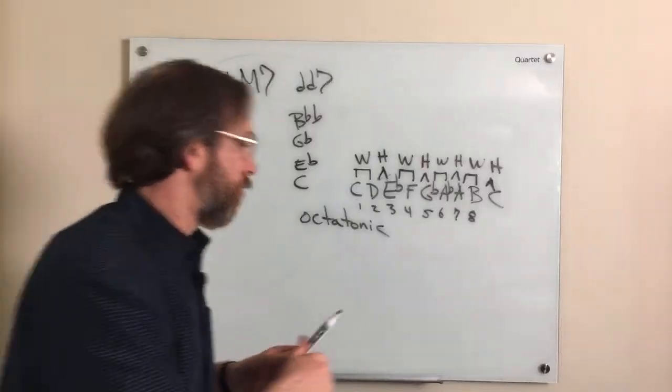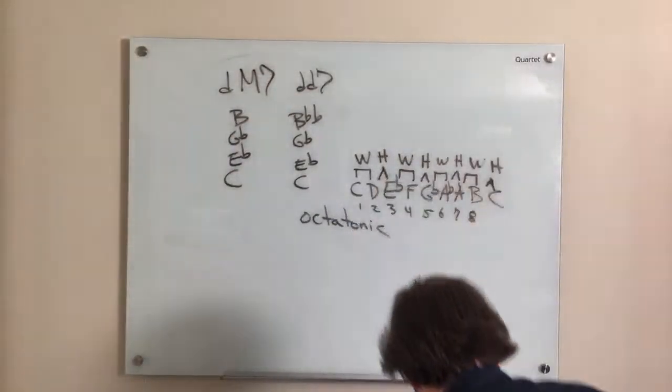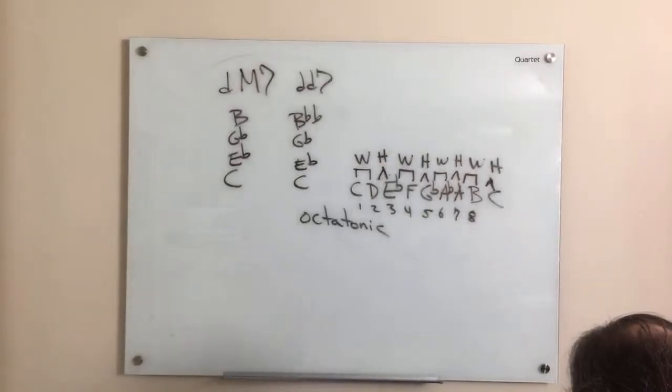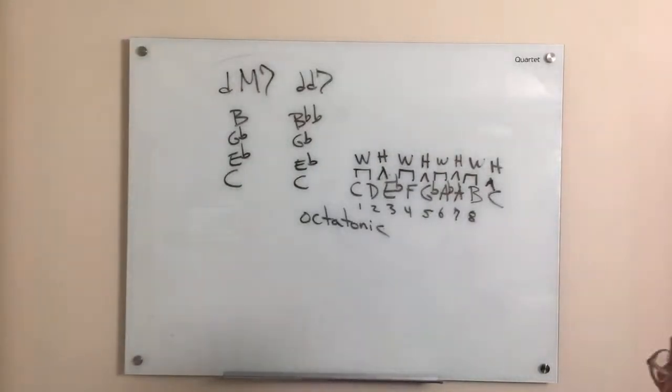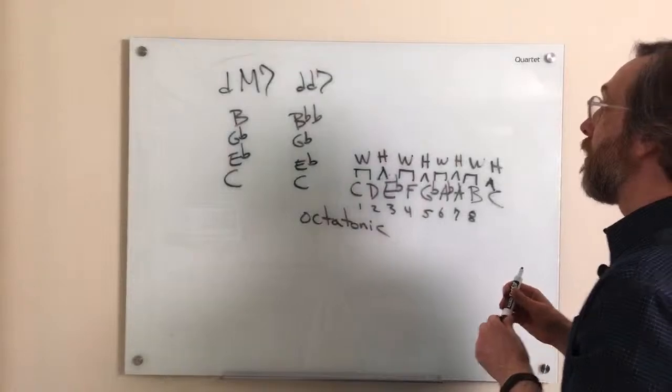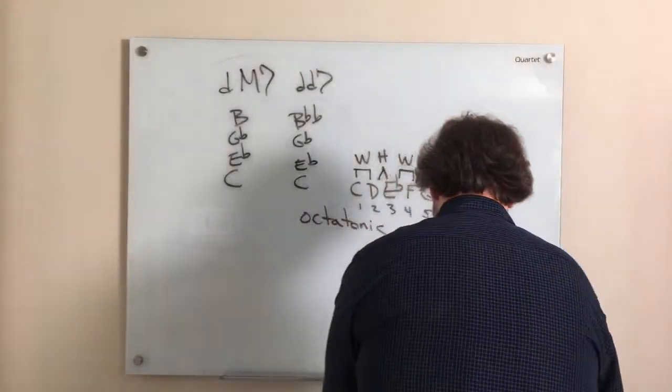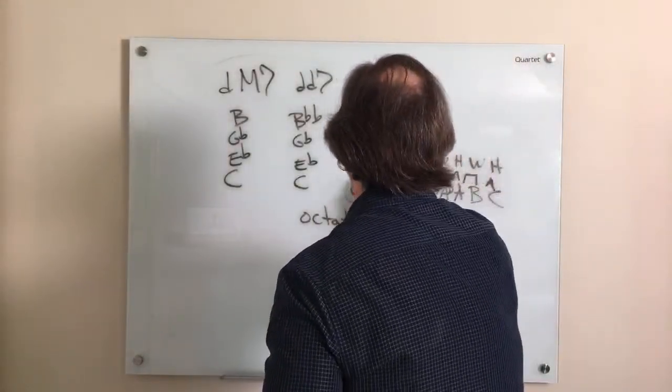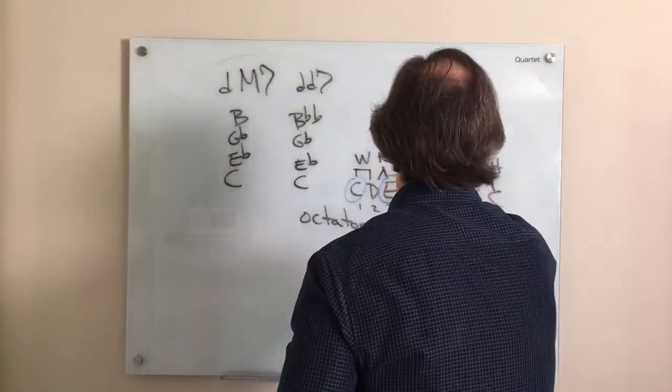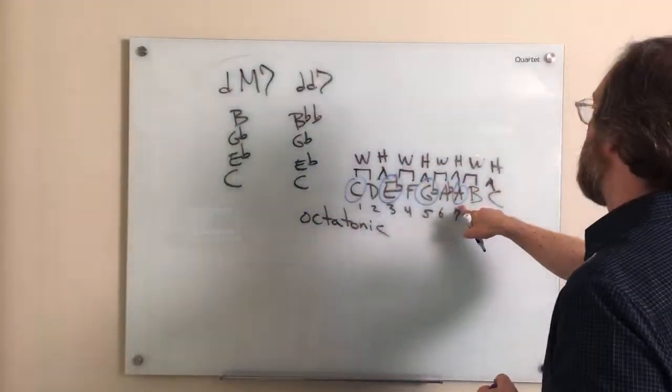This one could just keep going on and on. And the reason I bring this up is if we look at the fully diminished 7, we call the A the same as B double flat, right?